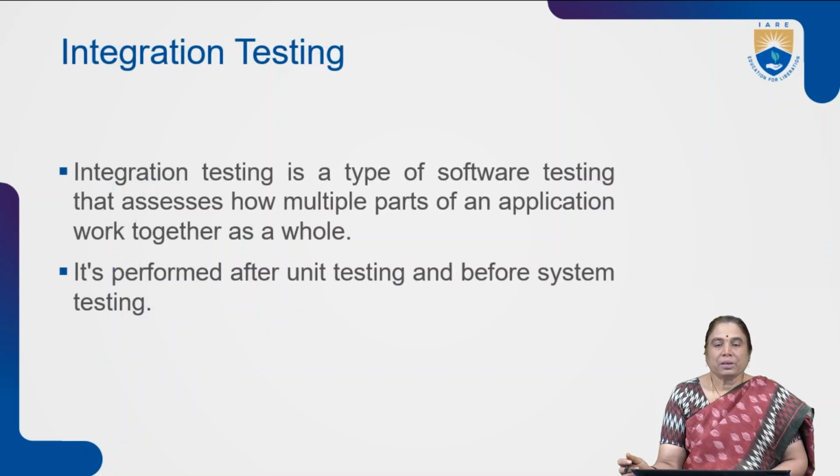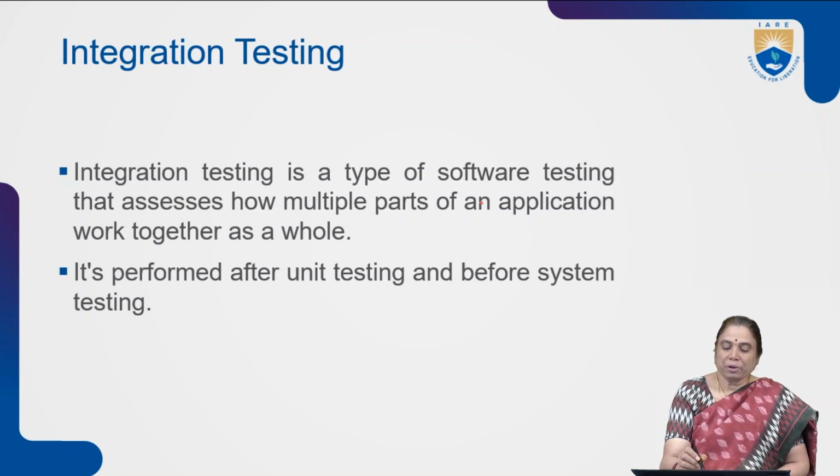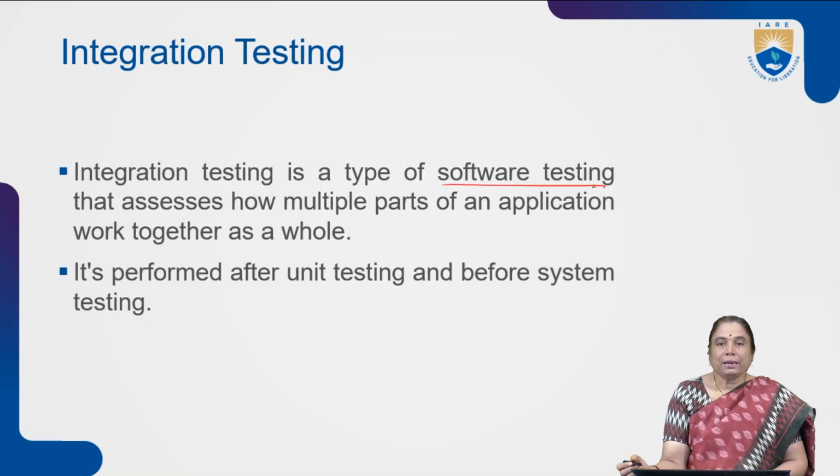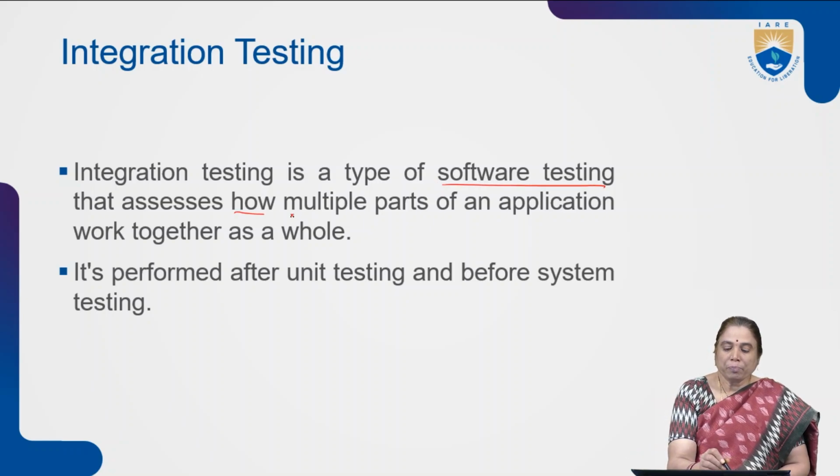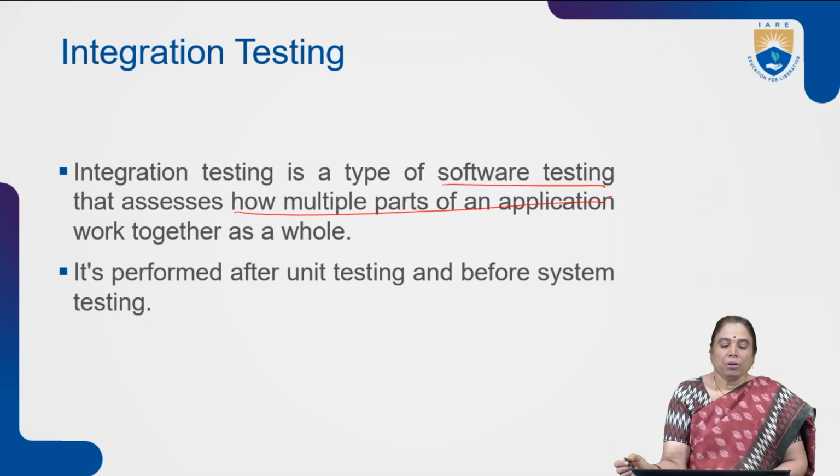After unit testing of the components, the units are integrated to perform the integration test. Integration testing is a type of software testing that assesses how multiple parts of an application work together as a whole. So the independent modules are integrated to perform the integration testing.